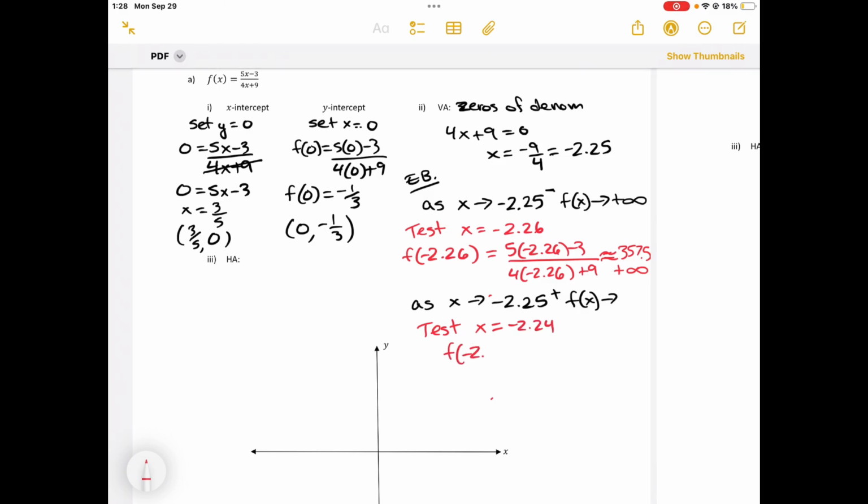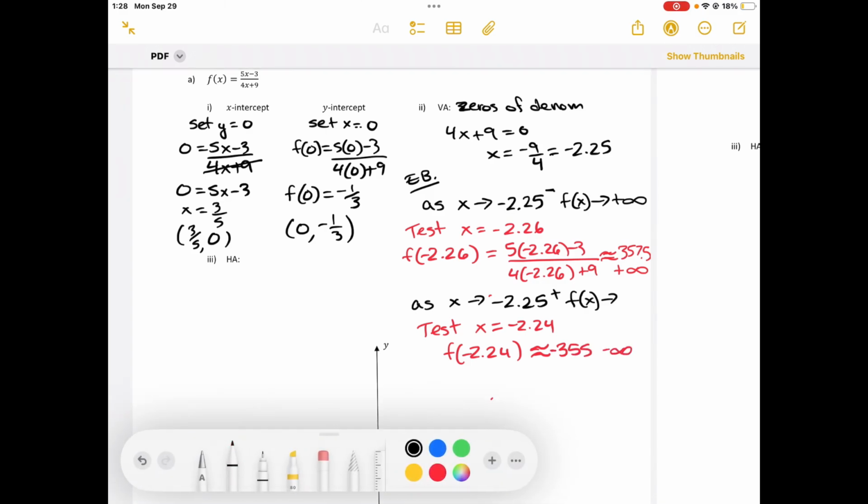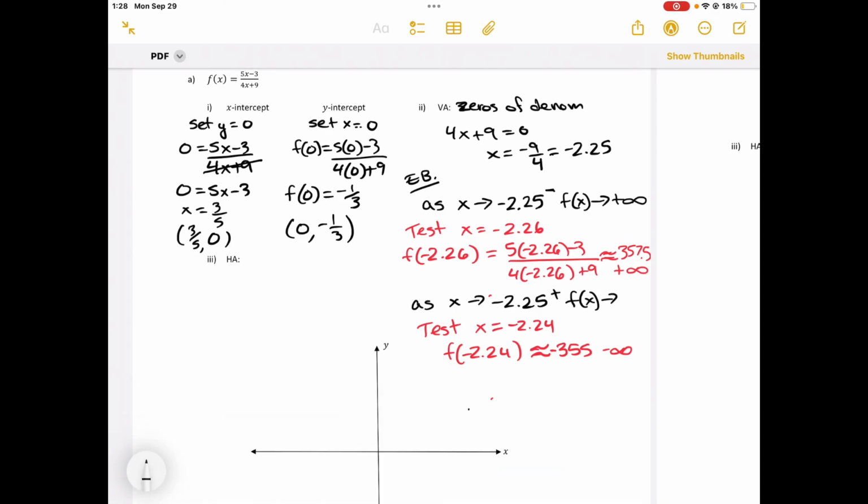So that means I'm substituting into my function just like I did before. I'm going to use my calculator, and I get a value that is about minus 355, which is a large negative number. So that means I can infer that my function is going to approach negative infinity as I approach that asymptote from the right.